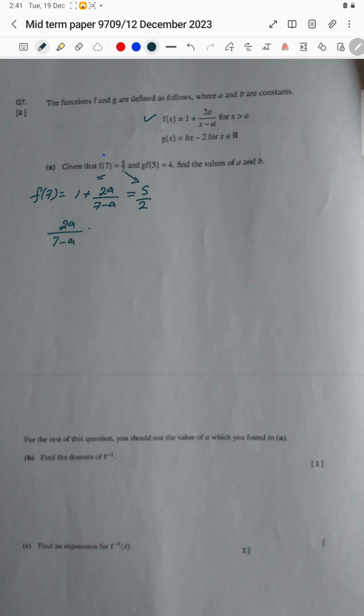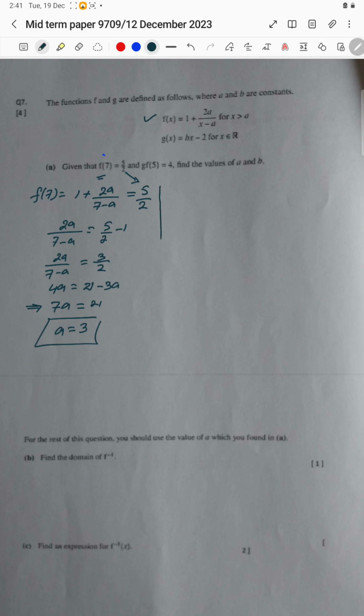We are interested in finding a here. 5 by 2 minus 1, so 2a over 7 minus a will give us 3 by 2. Do the cross multiplication. 4a equals 21 minus 3a. 7a becomes 21, so a equals 3.